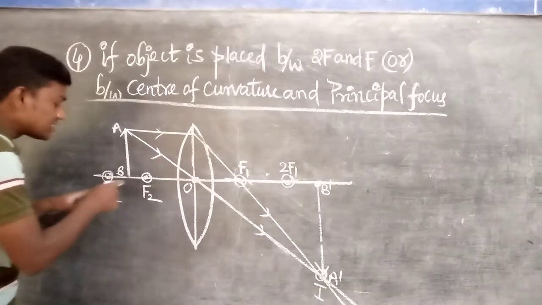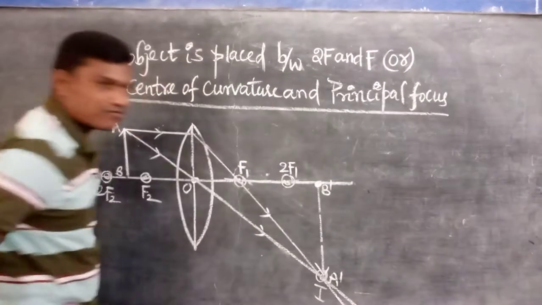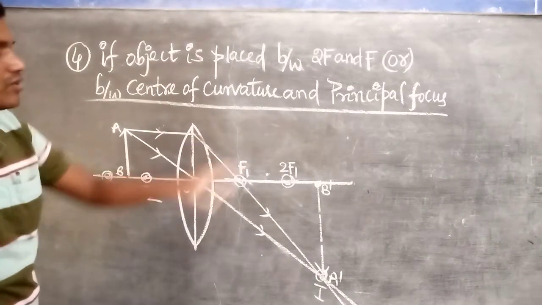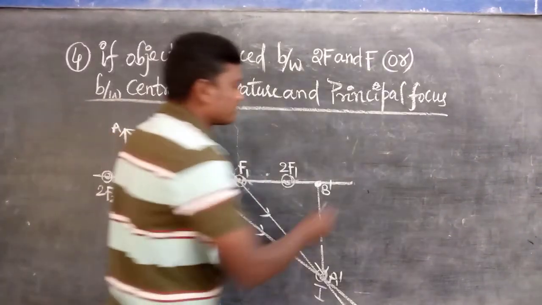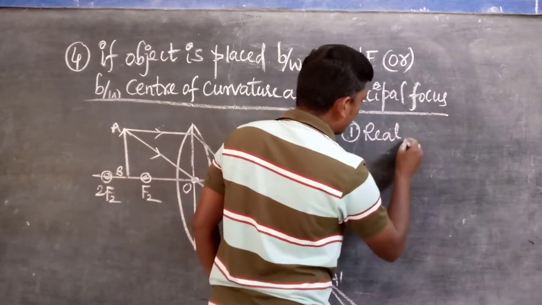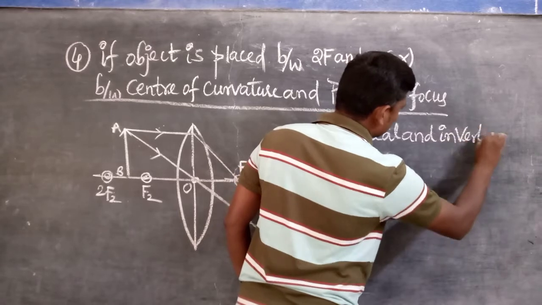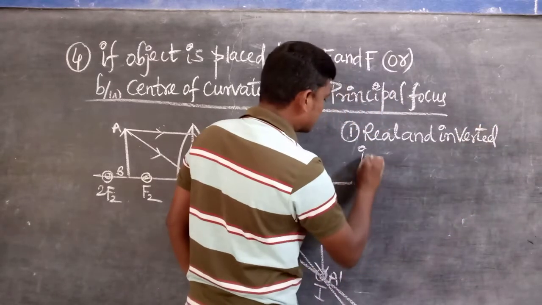But now the object is between 2F and F, so the image will be formed beyond 2F1, or between 2F1 and infinity. Here also it is a real and inverted image.